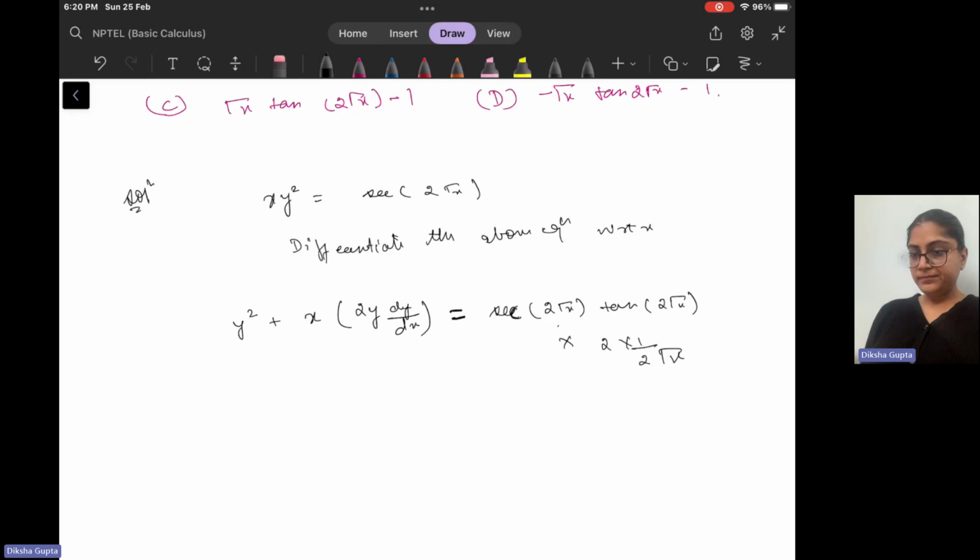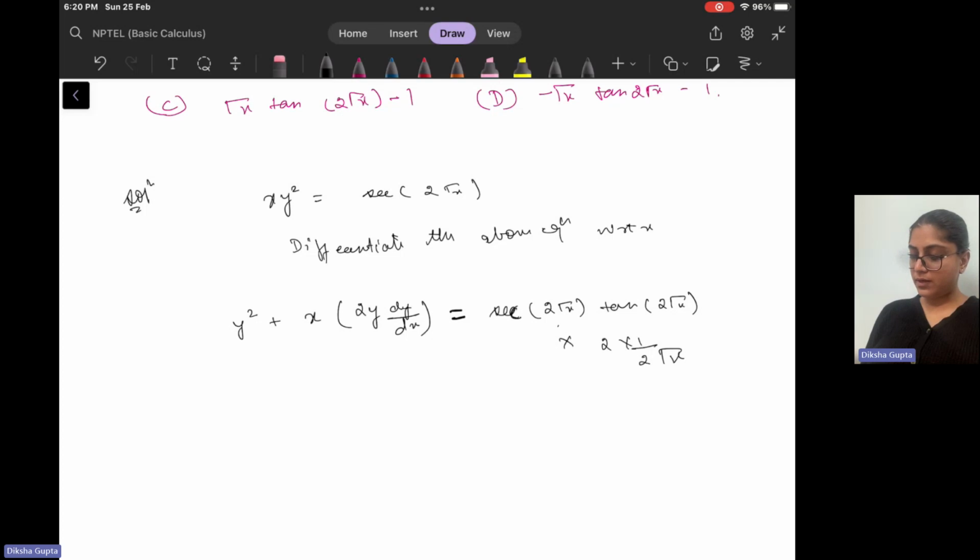Yes, sorry. So we differentiated secant x, which is secant x tan x. Here x is 2 root x, so we wrote secant 2 root x tan 2 root x and then the derivative of the function 2 root x with respect to x. This is what the chain rule says.